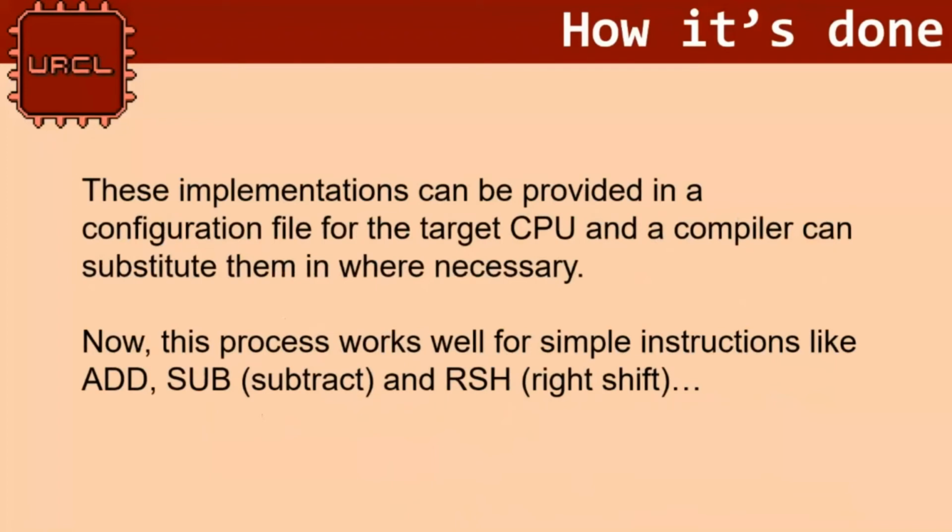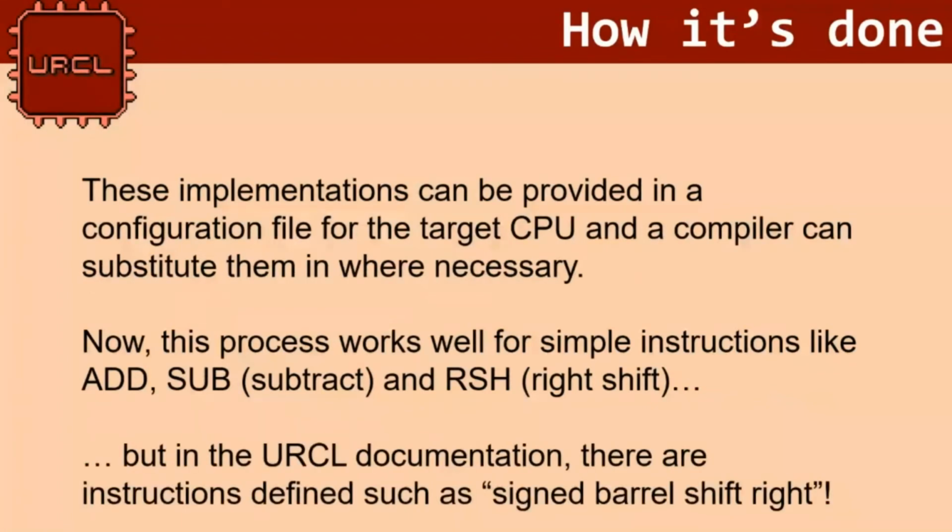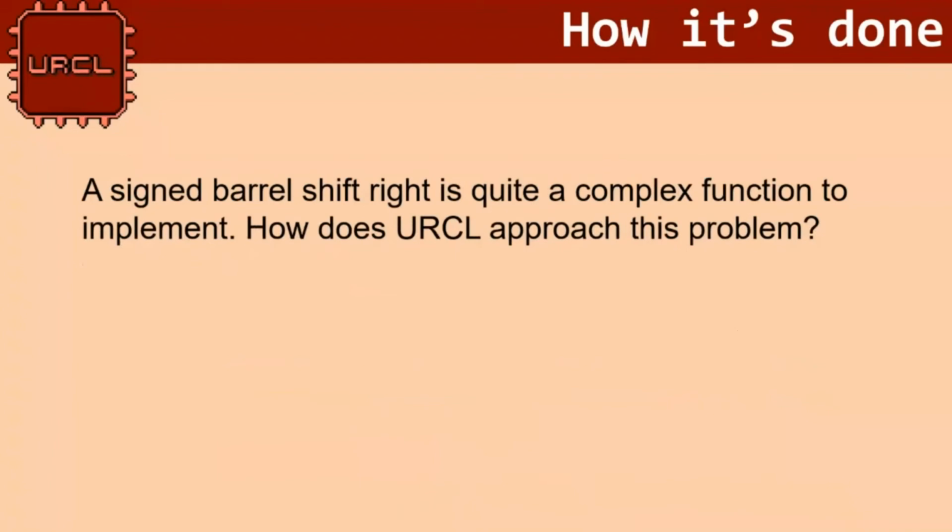Now, this is like addition, subtraction, right shift, but in the documentation, there are instructions like signed barrel shift right. Now, that is a very complex function. So, how do we approach this problem? Because we can't really expect CPU designers to implement something like that in their own assembly language.